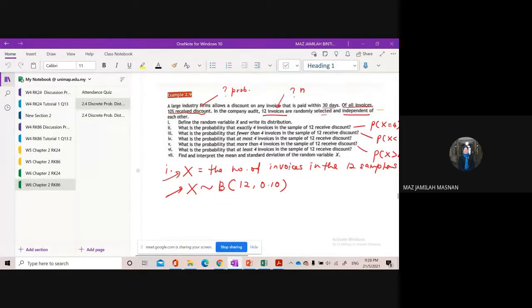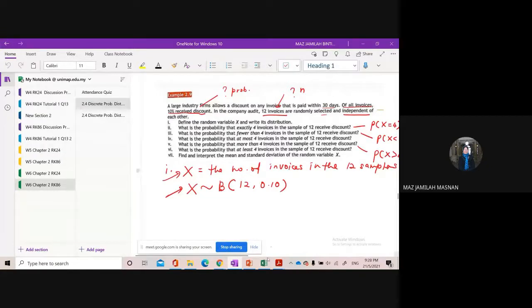Okay, I did remember that I want to share how we can use Excel to help us with the calculation of the probability value. So I'm going to use the same exact example, using Excel, for example 2.9.